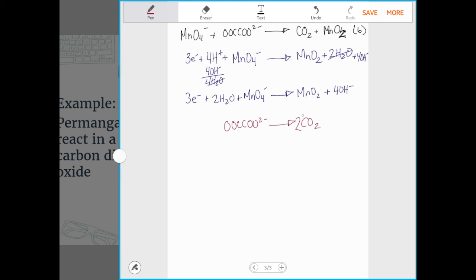Then I have 4 oxygens, so I have 2 CO2 and I have 4 oxygens, which means I have 4 oxygens in both cases. I don't need to add any hydrogens because I balanced that. Therefore, I don't need to add any base components, so no hydroxides, but I do still need to balance my charge with 2 electrons. So I have 2 carbon dioxides, 2 carbons, 4 oxygens, 2 carbons, 4 oxygens, and a net charge of minus 2 on both sides.